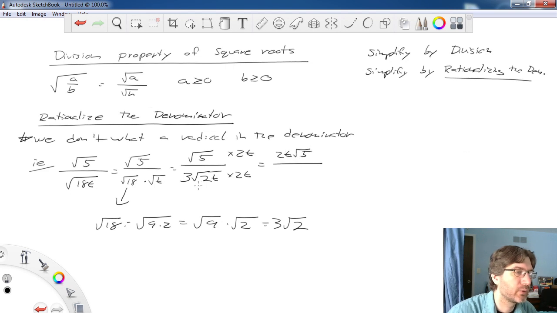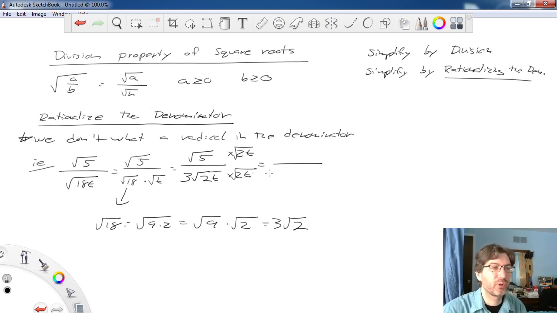And on the bottom, I'm going to get 3 times 2t. My mistake, that's under the radical, because when we multiply by these, radicals are going to cancel out and leave you with just 2t. So this is going to be 3 times 2t, which is going to be 6t.